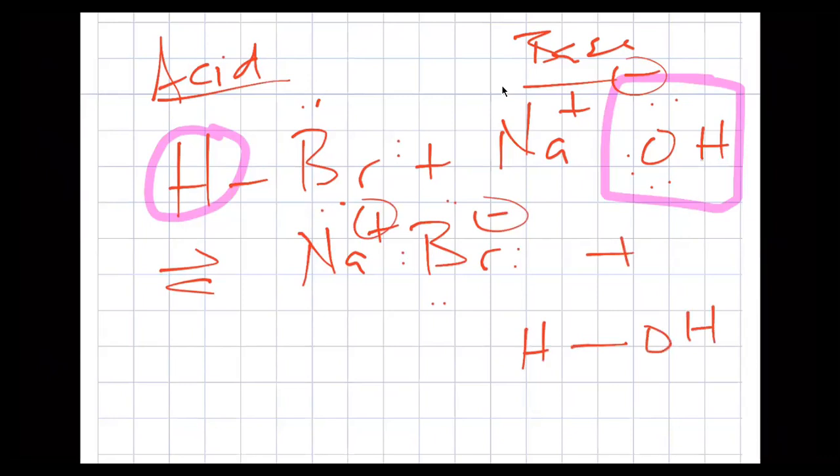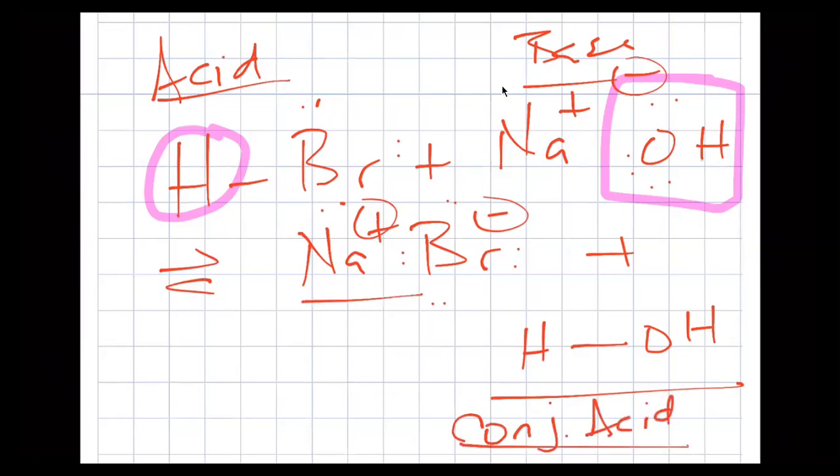Y'all following that? So HBr plus NaOH, this is my acid, this is my base. And then over here, this is what we call the conjugate acid, and this is what we call the conjugate base.